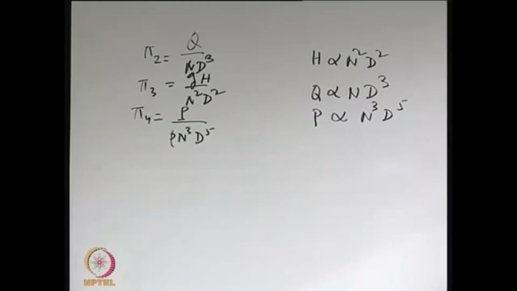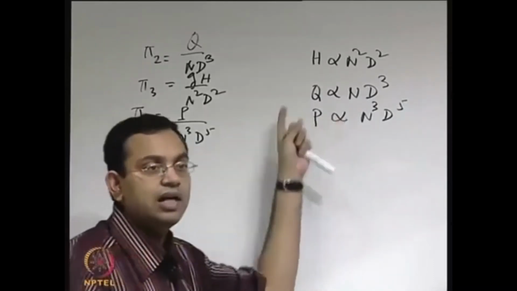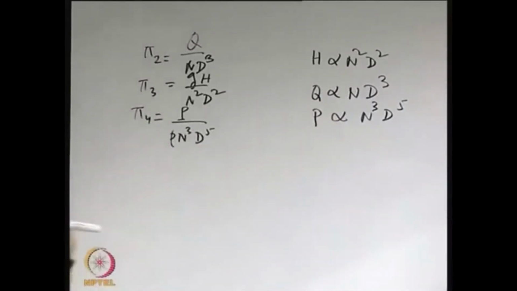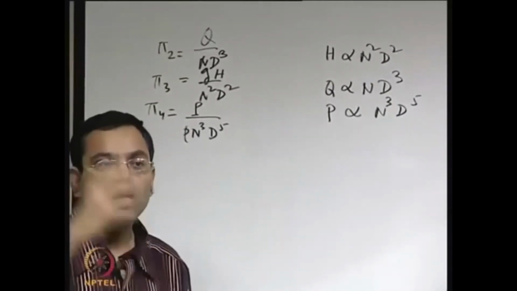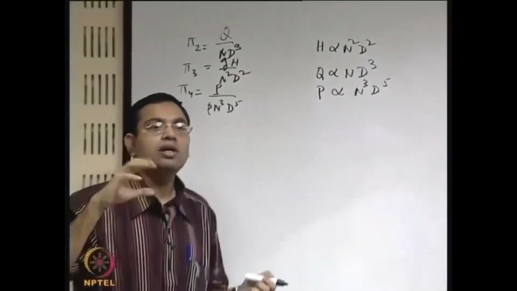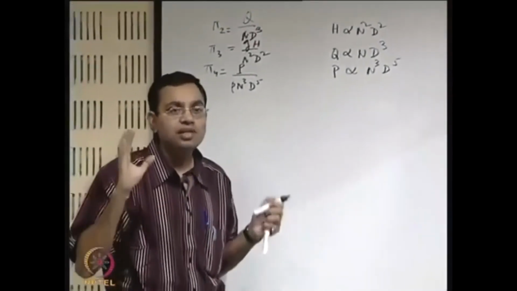Of course, if those are variables then you have to consider the variations of those also, but we are not considering that here. So, say you have a centrifugal pump of a particular size rotating with a particular RPM. You want to make a model test of that. So, you make a model of a different size and the model RPM you have to design.